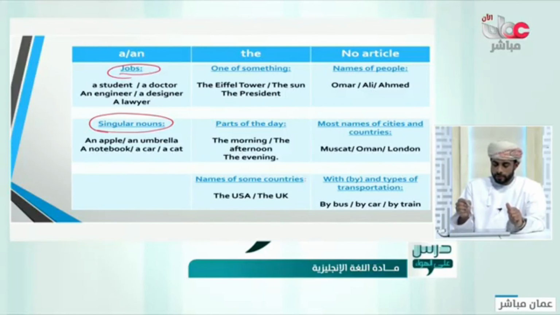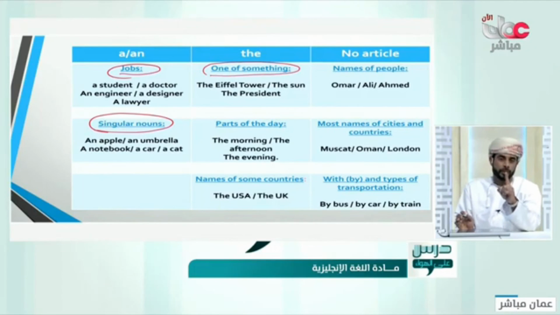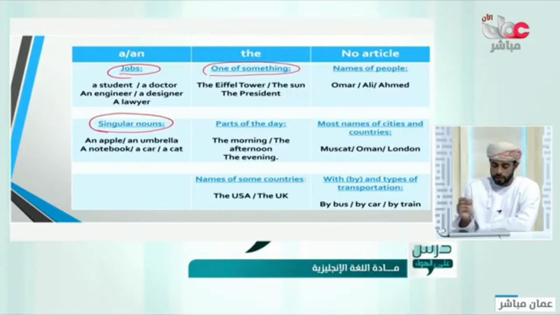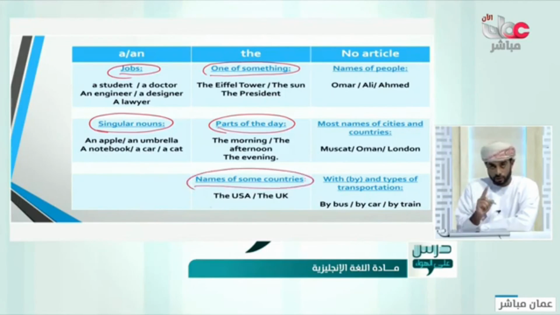We use "the" with something that you have only one of in the world, for example the Eiffel Tower, the sun, the president, the moon. Parts of the day: the morning, the evening, the afternoon. Names of some countries, not all of them: the USA, the UK.